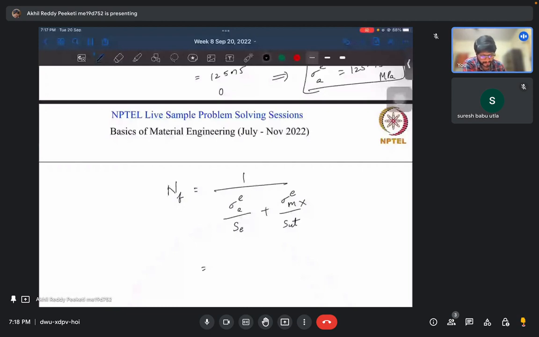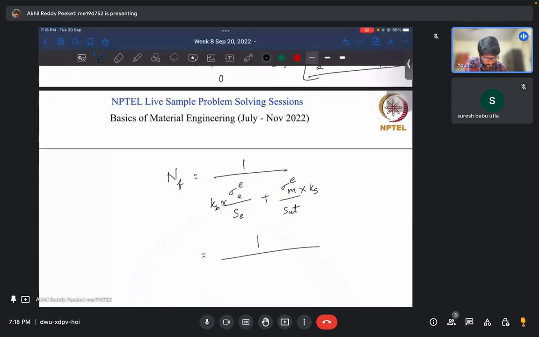But in general you have to keep them inside. So the values were 1.5 and 1.1.